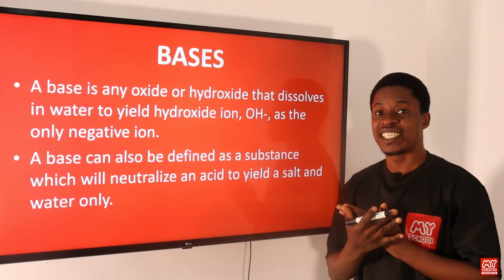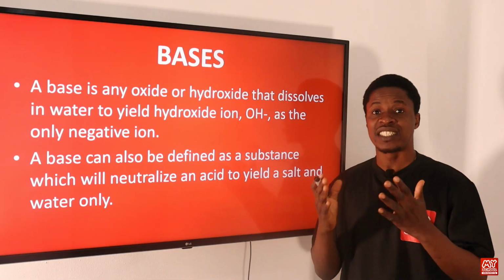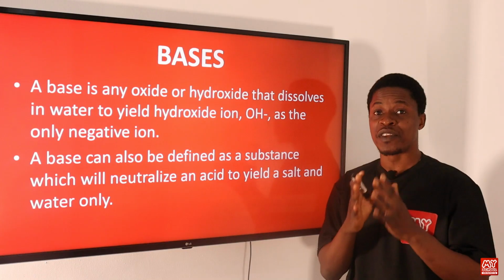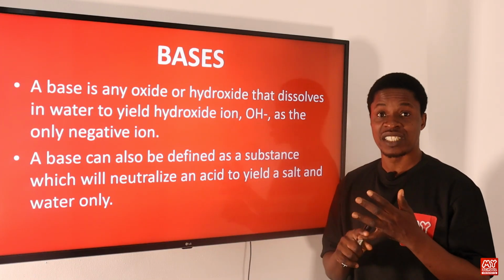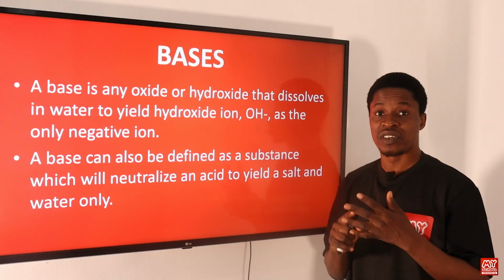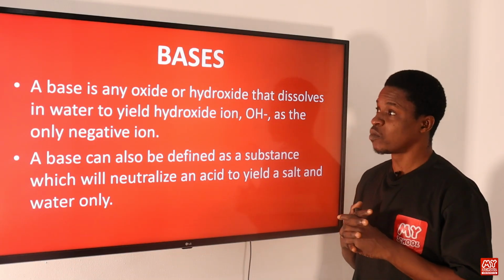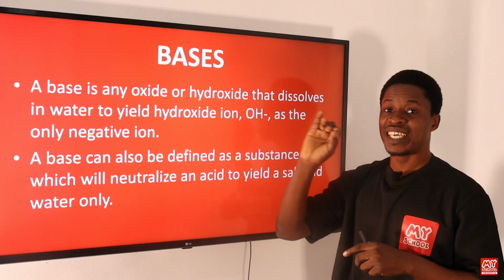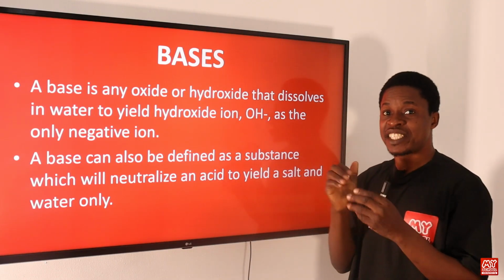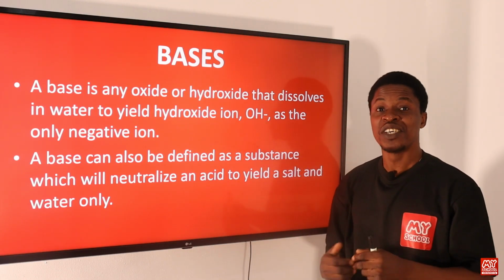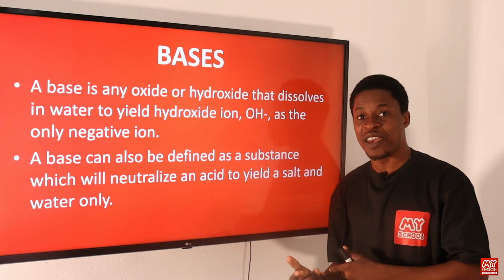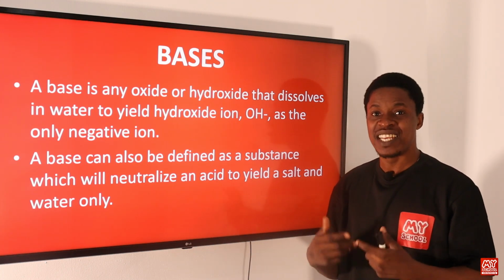Remember, we defined acids and bases from the perspective of different scientists. We talked about Bronsted-Lowry, we talked about Lewis, we talked about Arrhenius, okay? But among all of those definitions, we said that a base is any substance that dissolves in aqueous solution to produce hydroxyl ion as its only negative ion.